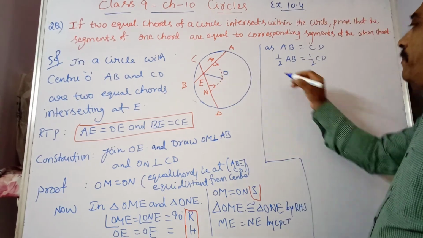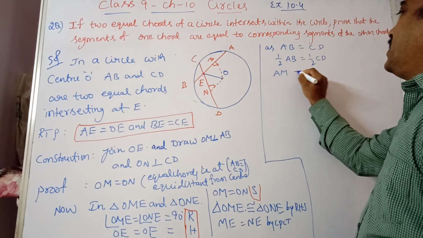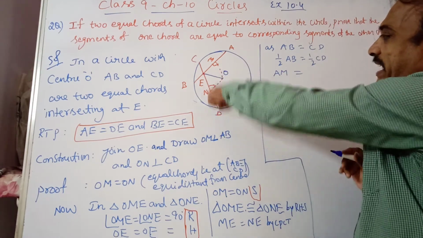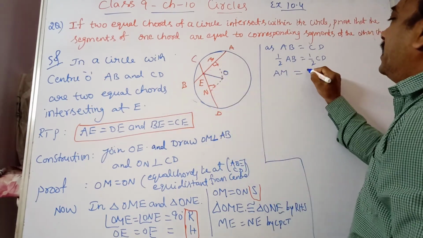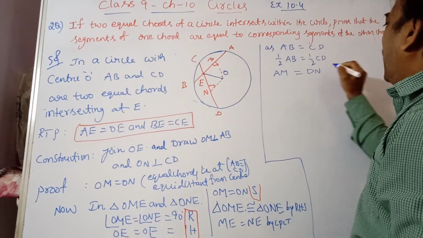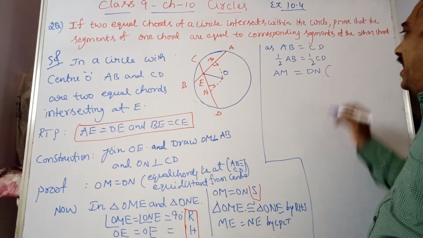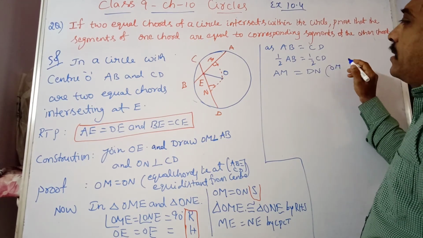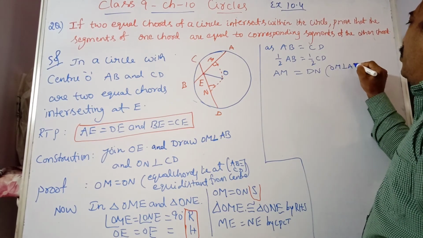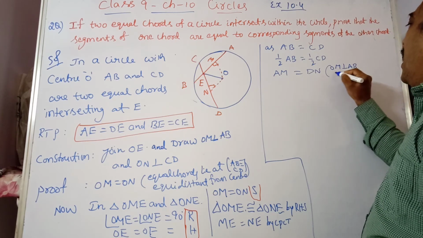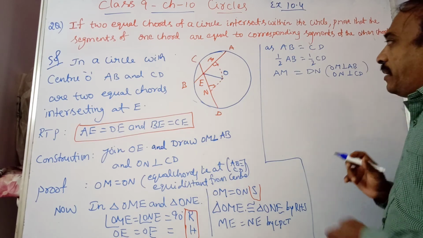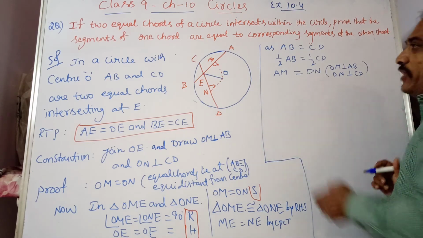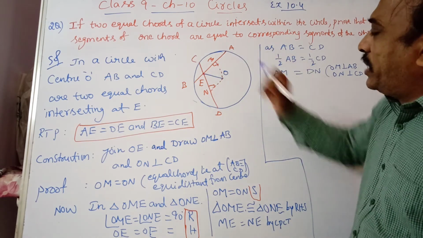That is AM. AM is equal to half of CD, that is DN. What is the reason here? OM is perpendicular to AB, it is the bisector, and ON is perpendicular to CD. So AM is equal to DN, we got.